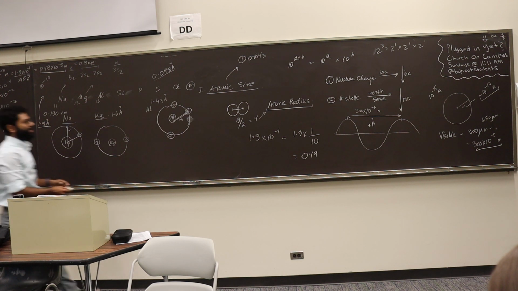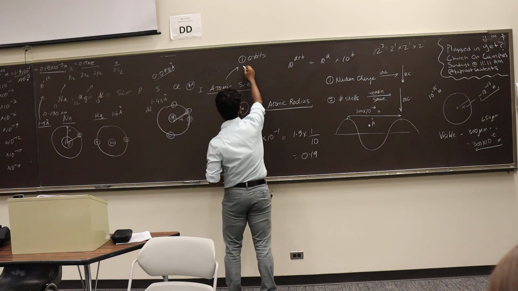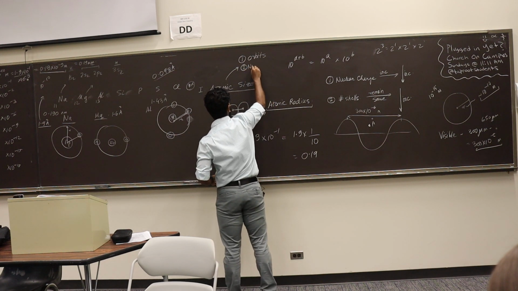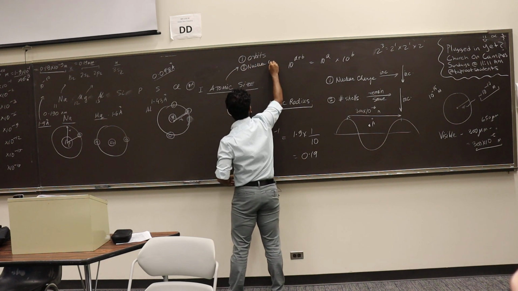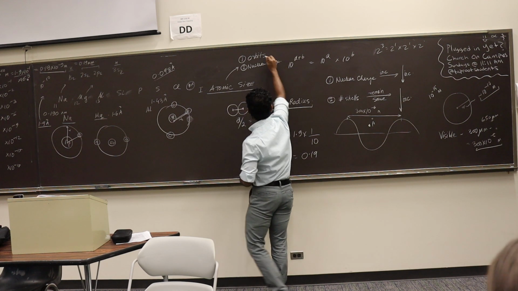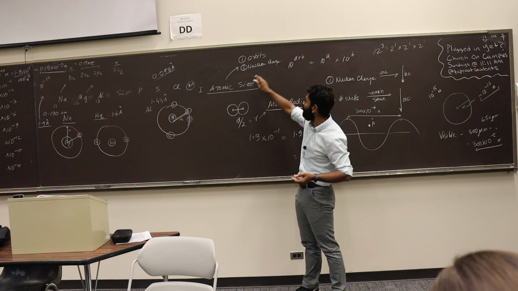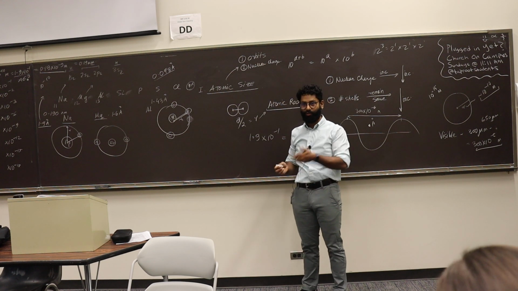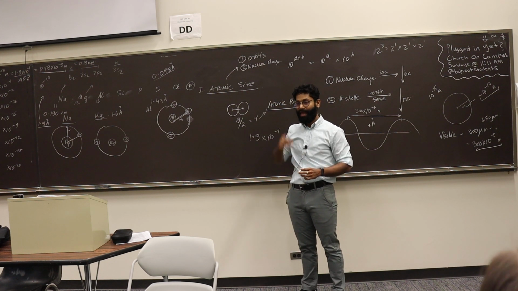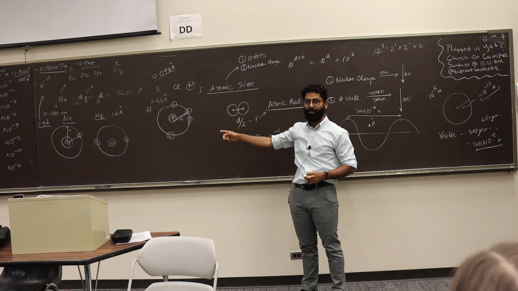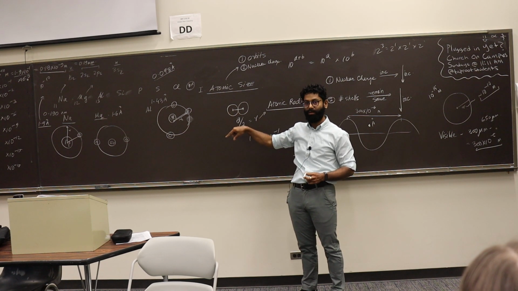So yes, atomic size depends on the number of orbits and the nuclear charge. The number of orbits is not changing when you're going from left to right, but what is happening to the nuclear charge? And what is that doing to make the size smaller?